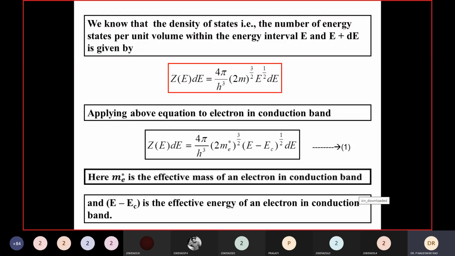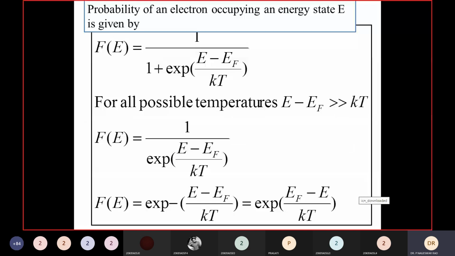Now this is the Fermi level. By using the Fermi energy and the Fermi distribution function f of E, we can find the probability of finding the electron, in the case of density of electrons.